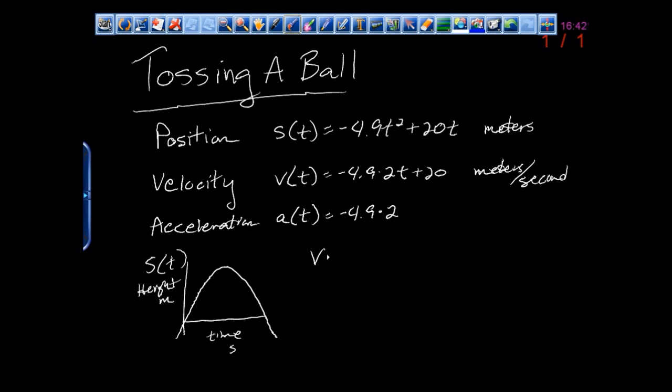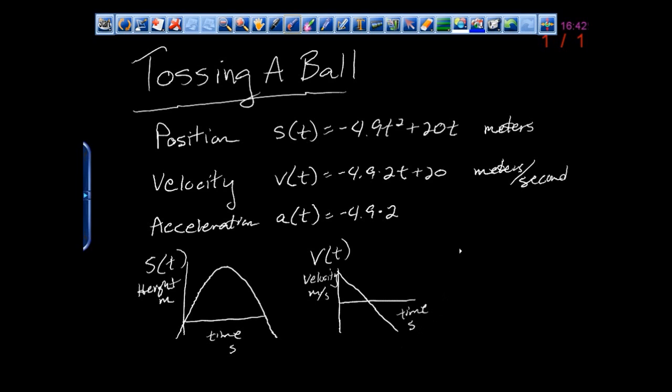Then we would also want them to be able to graph the velocity function. Now, the velocity function is a line that would look like this, and they would know how to graph that line, and that would give the velocity of the ball in meters per second at any given time in seconds.